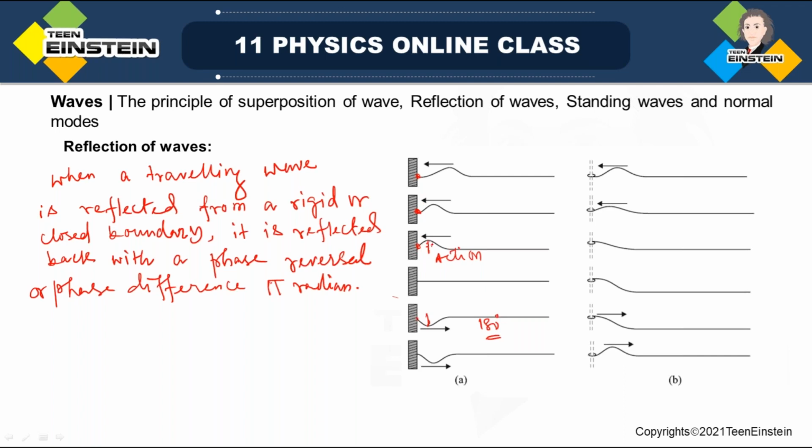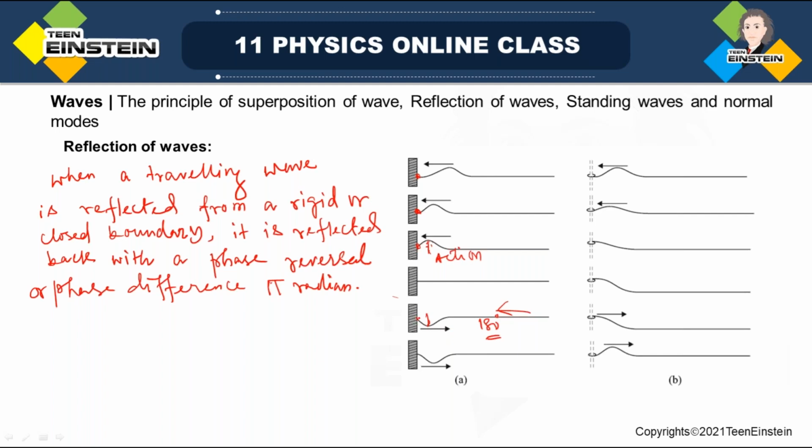So that will produce a reflected wave, which will have the same amplitude, but it will be traveling in the opposite direction along the string, opposite to the incoming wave. Incoming wave was coming like this. Now the reflected wave is going like this.